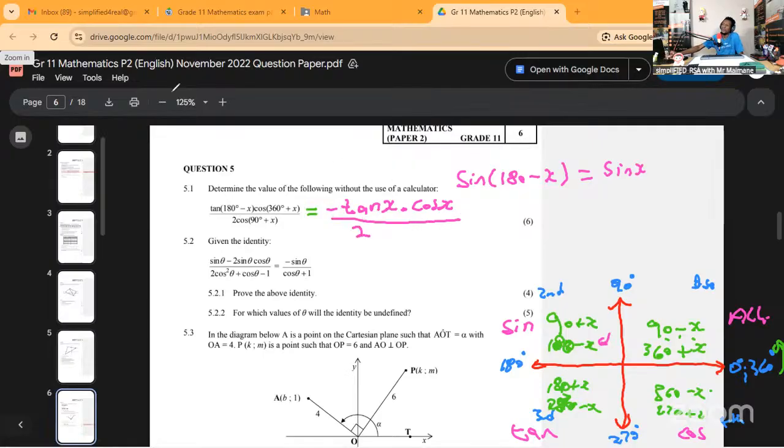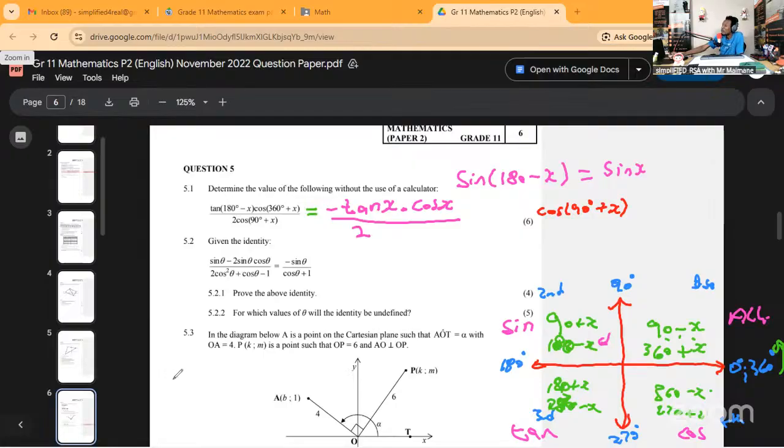2. Now, before I go on to the next one, on that part, we have cos of 90 degrees plus x. Cos of 90 degrees plus x. Remember last time we said there's something special regarding cos. We said cos changes and becomes sine if it's 90 degrees plus.